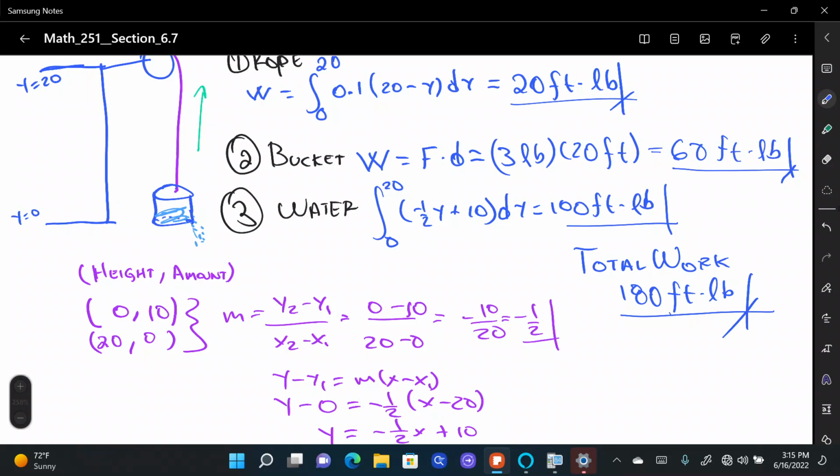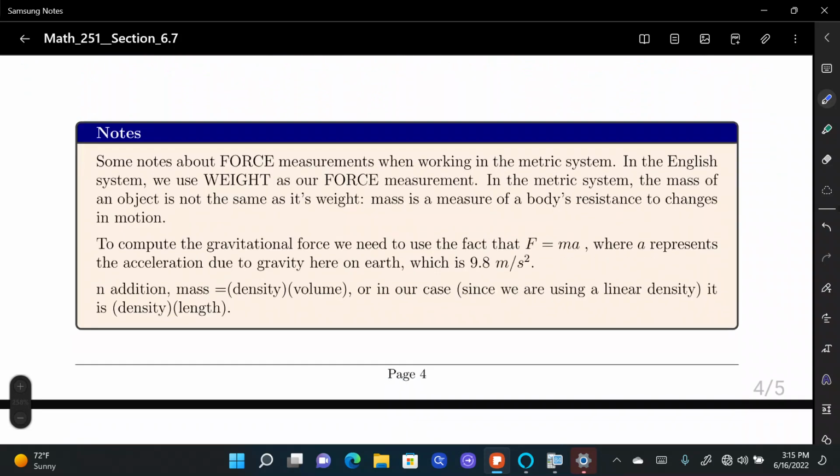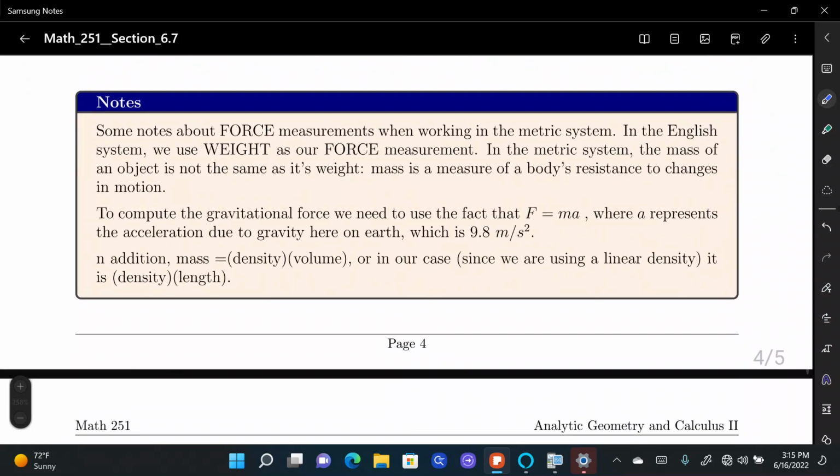Questions? All right. So for the last few minutes, the last problem is more like a comment on the units that we typically use. Notice for the problems that we've been working before, we work with the English system using pounds and feet.